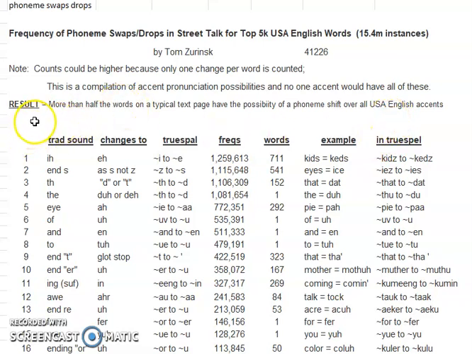The result was more than half of the words on a typical text page, which, if text is as we talk, then these would be spoken accents. They have the possibility of phoneme shift over all USA English accents.